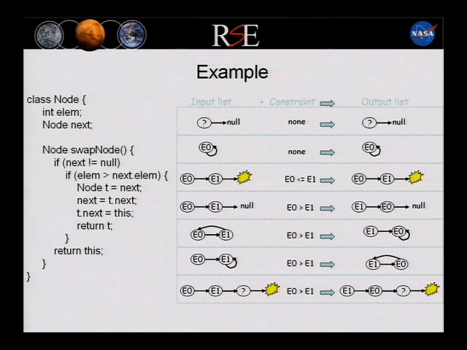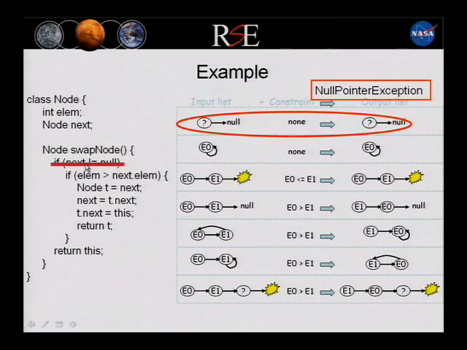It could be null, it could be a new node, another node. It doesn't matter for this analysis. Now I also want to tell you that we also check properties during this generation. So assume we did not have this check that next is not null. Then our analysis, of course, will discover this null pointer exception.